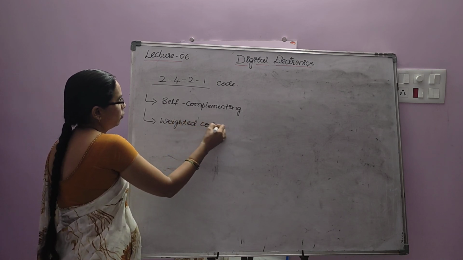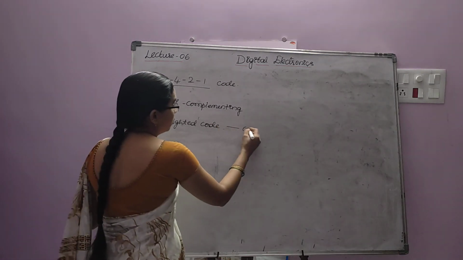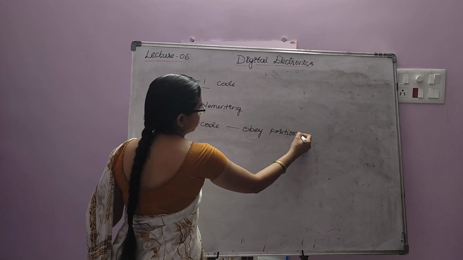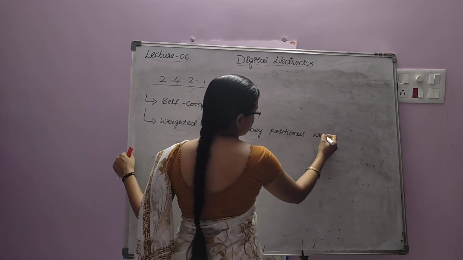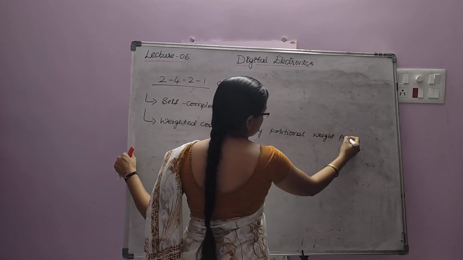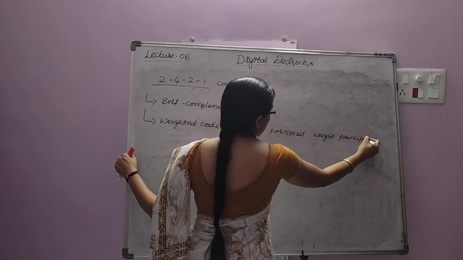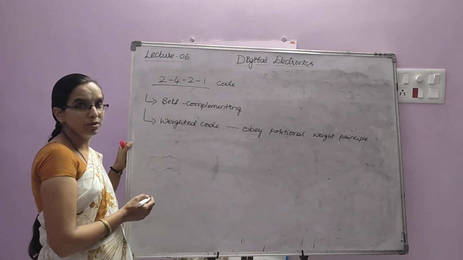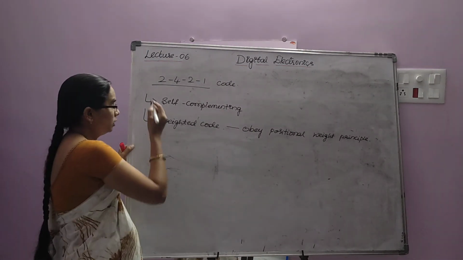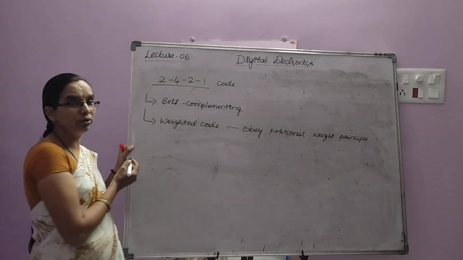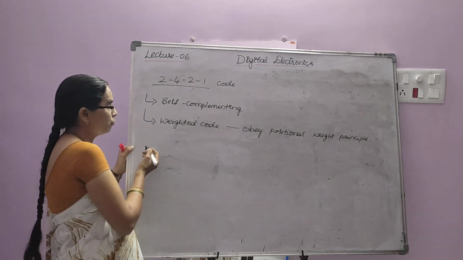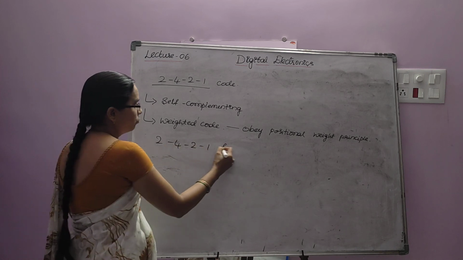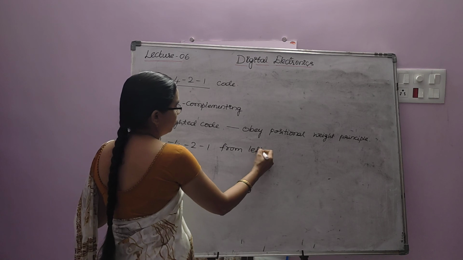What do you mean by weighted code? Weighted code is one which obeys positional weight principles. That means each bit is assigned a specific weight. So here the weights assigned to the group of 4 bits are 2, 4, 2, 1 from left to right.